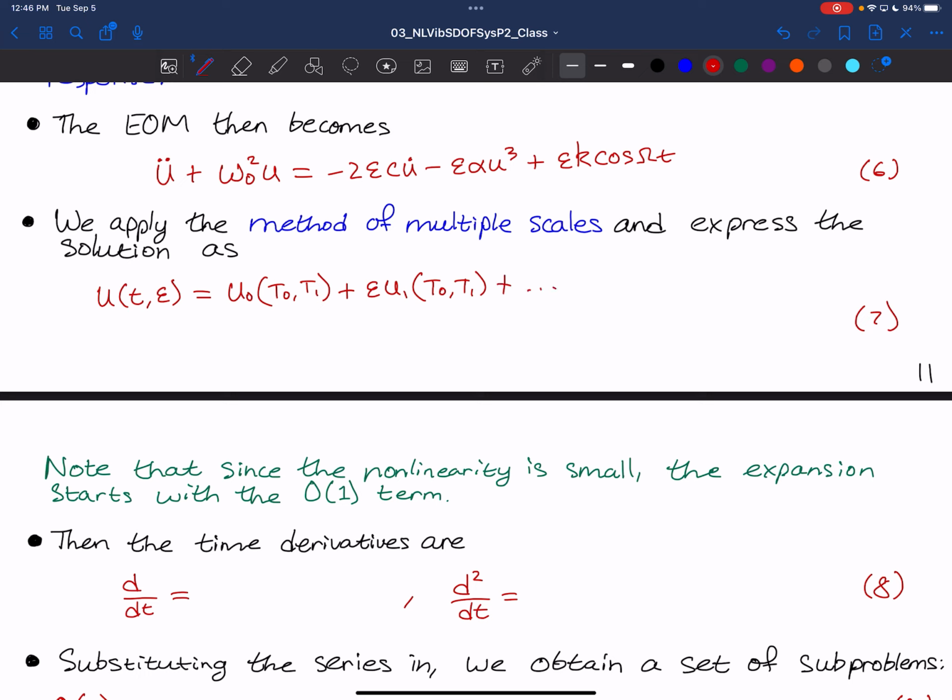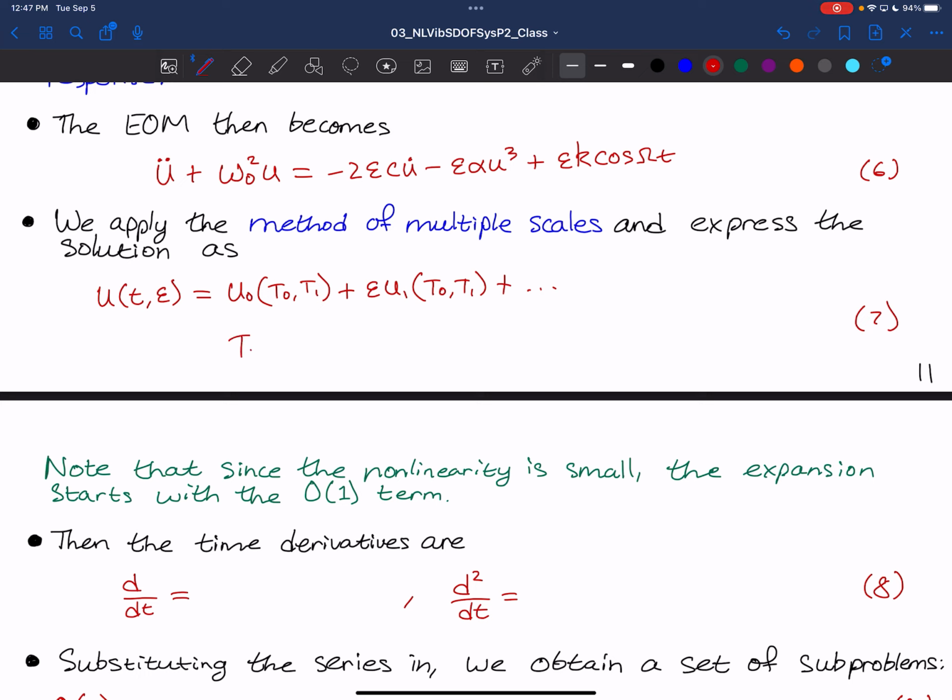And we're only going to go up to t1 here. We will not need t2. But what you should generally do is start off by including T0, T1, T2, and then see where the equations take you. If you only have one secular term at order 1 and it doesn't really help you that much, then you'll have to go to order 2. If you can get something interesting out of just order 1, then you can stop there.